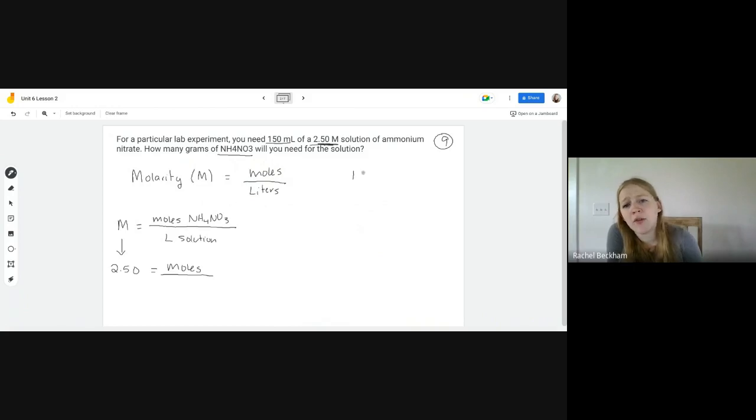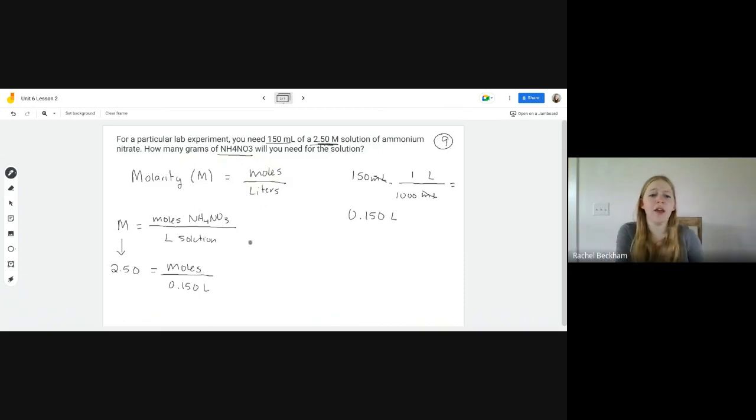Well, I know that I have 150 milliliters. So I just need to convert that to liters by dividing by 1,000, because I know that there are 1,000 milliliters for every 1 liter. If you look it up online, it's 1,000 milliliters for every 1 liter. So 150 divided by 1,000 is just 0.150 liters. So that's what goes on bottom.